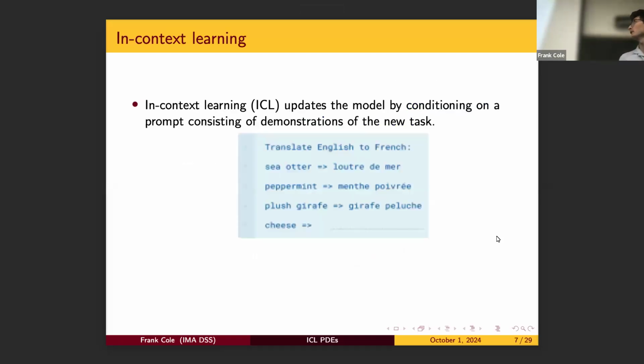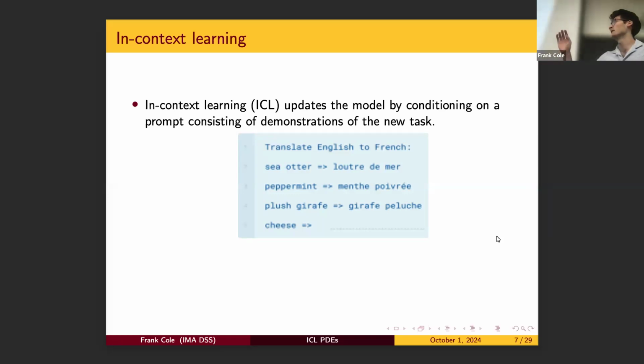The other method, called in-context learning, basically primes the foundation model by conditioning on a prompt corresponding to a few labeled examples from the downstream task. So this is an example. If you're asking a pre-trained model to do translation between English and French, you give it a few labeled demonstrations, and then at the query point, you hope that it predicts the right word.